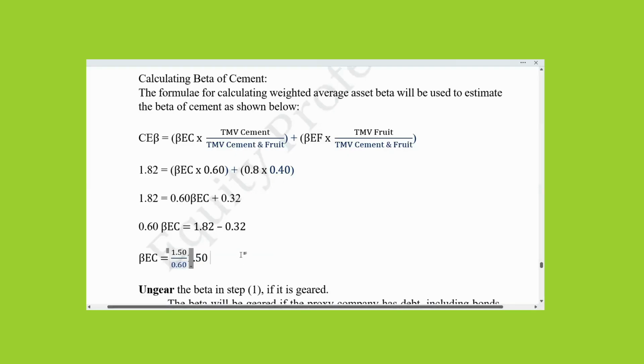So what do we have? 2.5. Okay. So that means the beta of cement is 2.5.